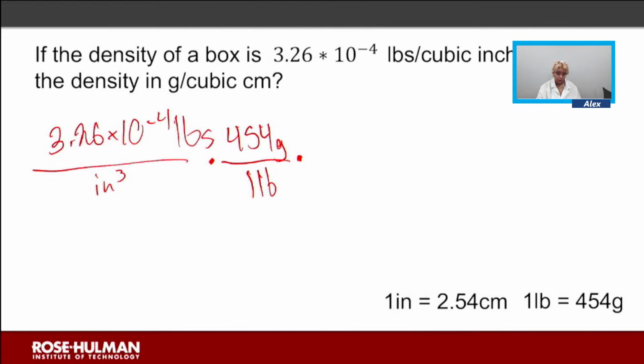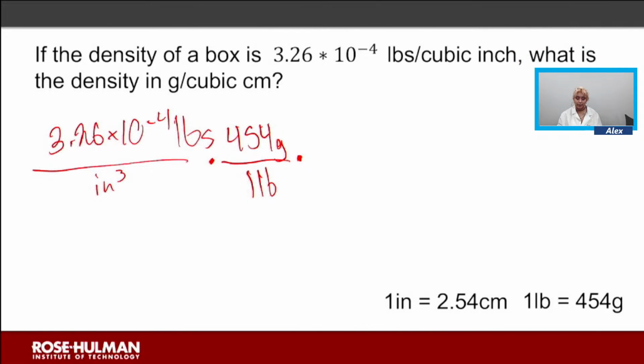So, because we're dealing with cubic inches and cubic centimeters, it's not just a straightforward calculation from inches to centimeters, because you have to consider that it is a volume and not just a measure of distance like a regular inch.